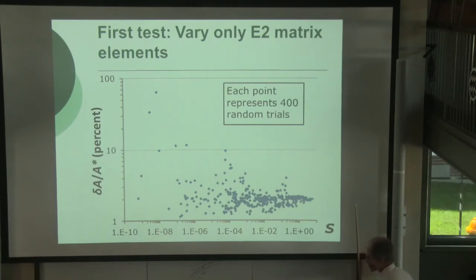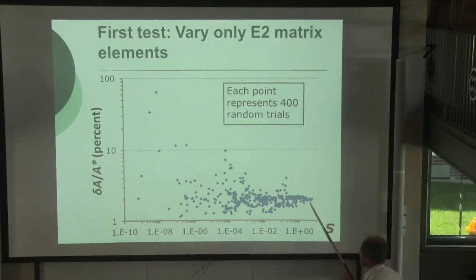So this is what we got. Every transition has its own sensitivity to this 1% variation, as I said. This is only for E2 transitions, of course, because M1 transitions do not have any such parameter involved.